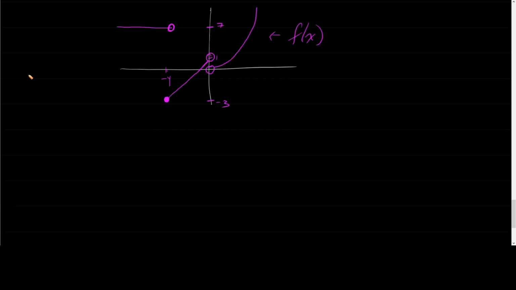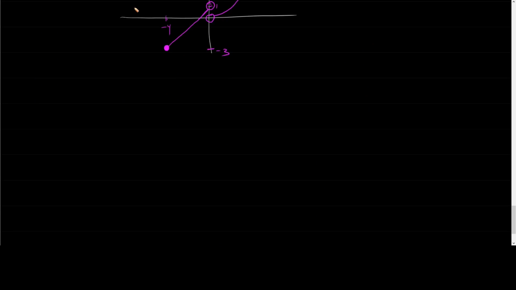Let's do another one. Let's say that we had f of x being the piecewise function of negative 3x plus 2, negative 3, and the square root of x.